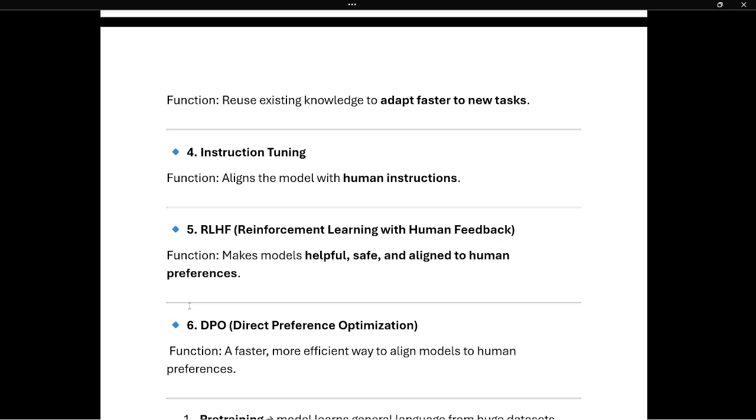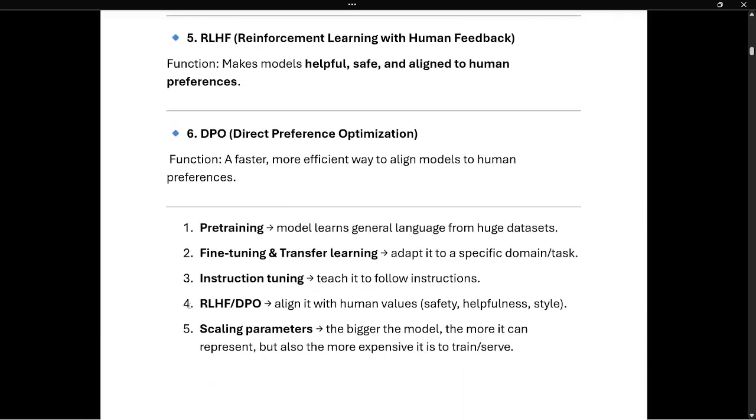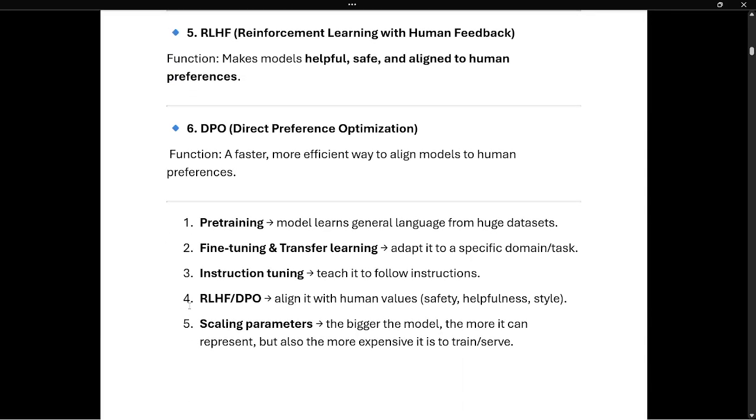Suppose I ask the LLM to tell me a joke, and it gives a joke that is sometimes offensive. The good output should always be a funny or safe joke. So RLHF teaches the LLM to be helpful, safe, and aligned to human preferences.